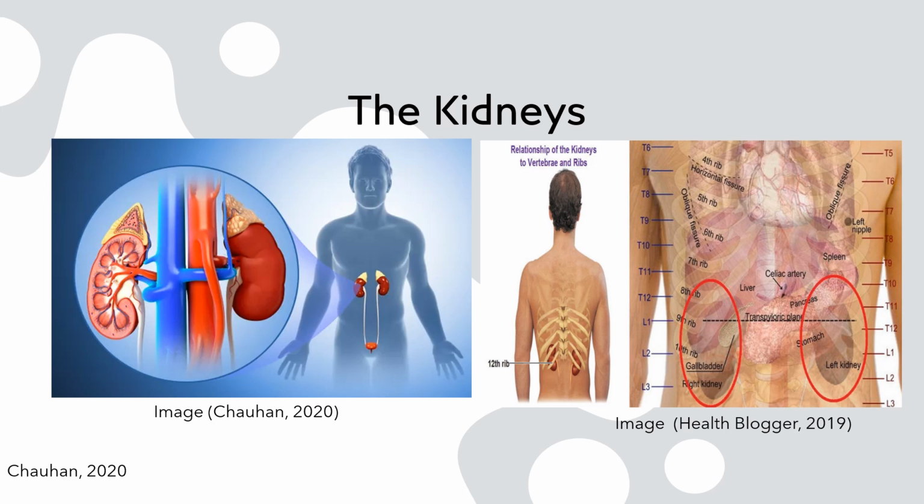As you can see here, they're circled. They start around the top of the kidney, where the adrenal gland is, around the 8th rib, and go down to around the 12th rib. So they're about mid lower back. The kidneys' job is to filter waste out, but what really filters the waste out are the structures inside the kidneys, and we're going to talk about those next.